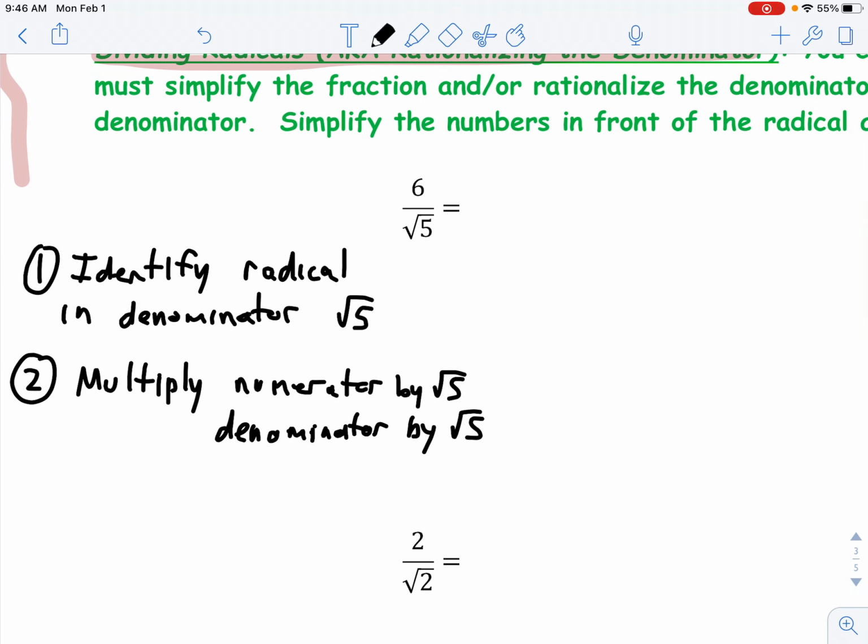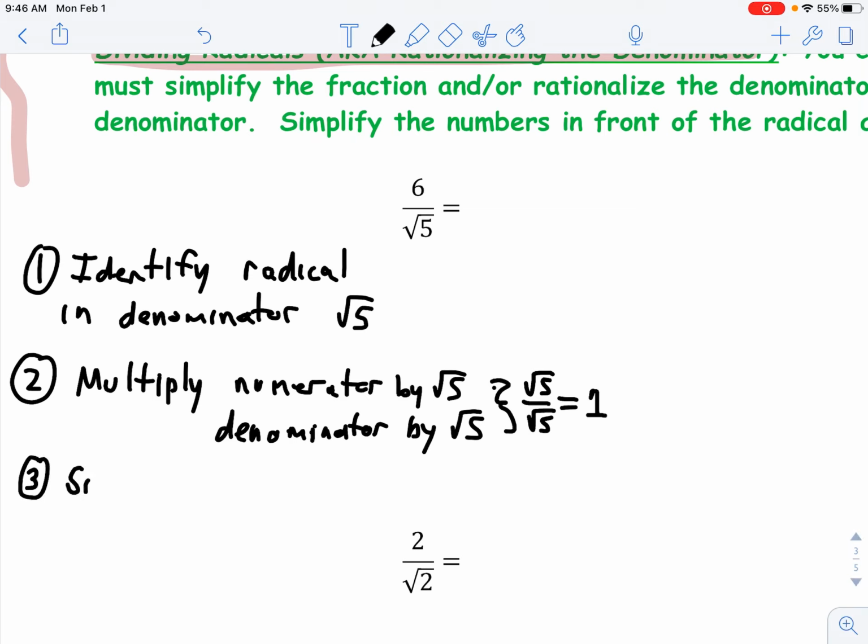Now realize, radical 5 over radical 5, if we're multiplying the top and bottom by radical 5, is radical 5 over radical 5, which is 1. All right, so we're multiplying by 1, but it's going to help us simplify as you see as we progress.